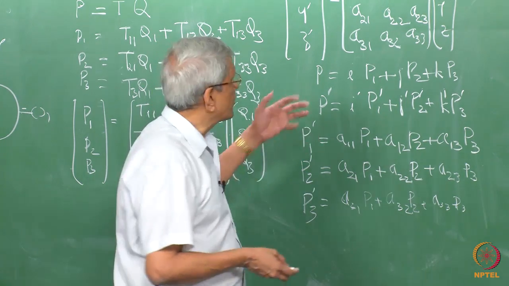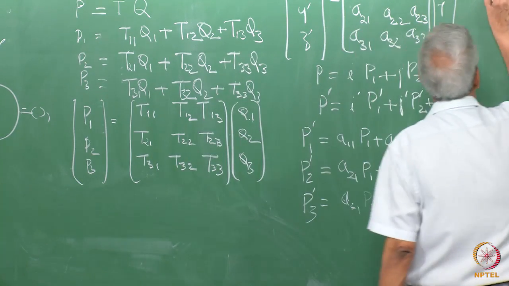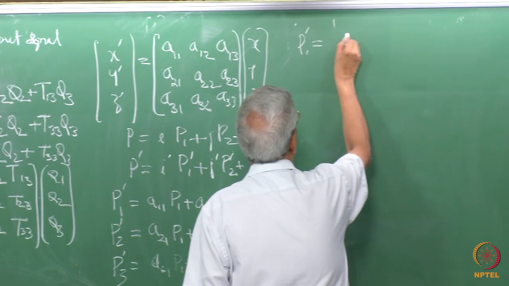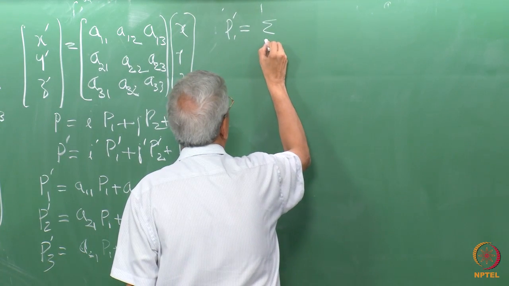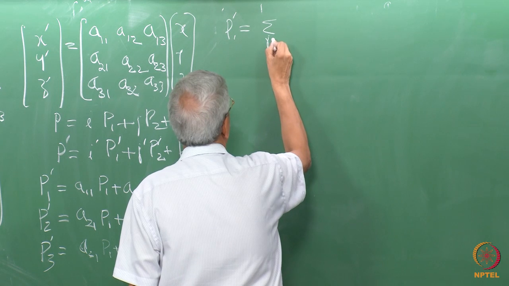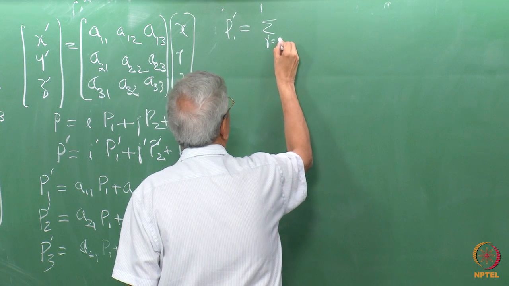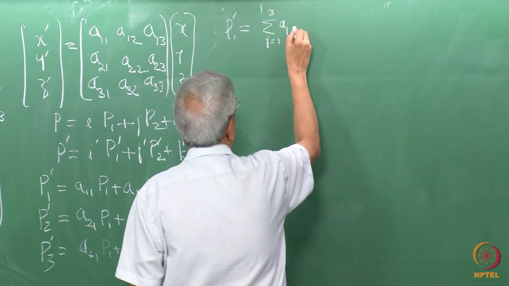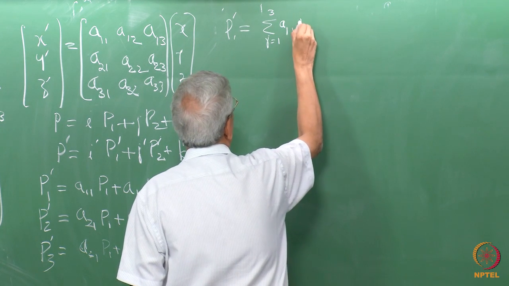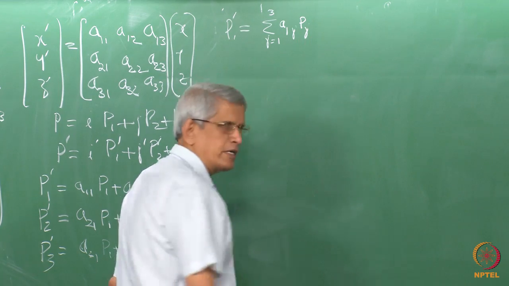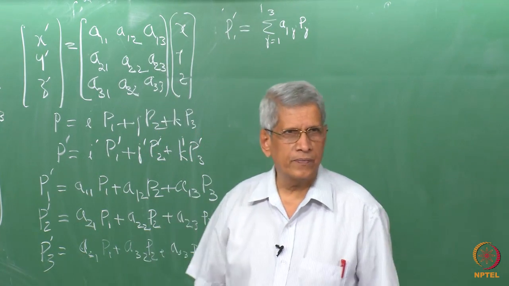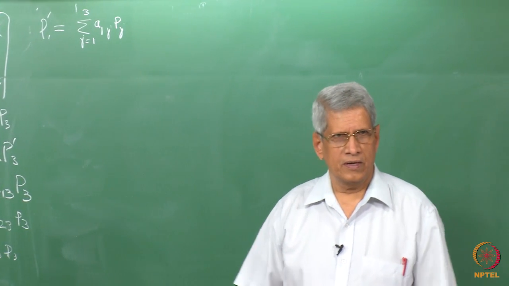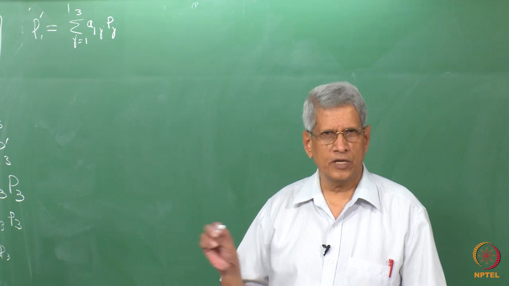What is the short form in which we can write it? p1 dash will be written as equal to sigma j equals 1 to 3 of A1j Pj. I can write it in this form, correct? This clear? In this form also it can be written.